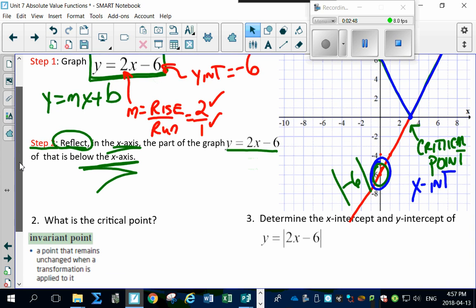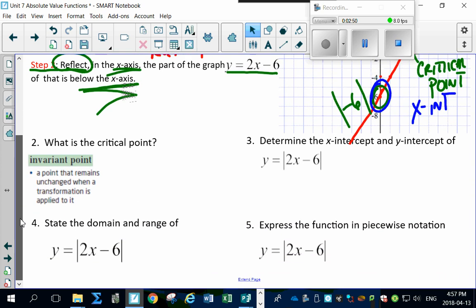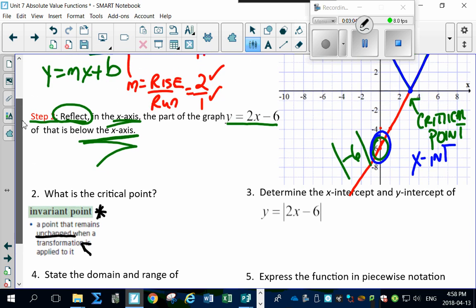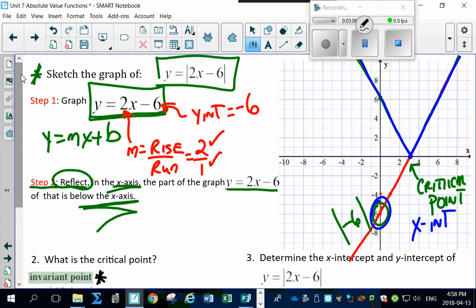And I want to start talking about some of the details and some of the key words that you're going to see. One of the key words that you're going to see is something called invariant point. This is a point that remains unchanged when you do a transformation, like absolute value. So what is the one point that remains unchanged no matter what you do? Well, that in fact starts with your critical point. And then any value going over here that you have not changed.